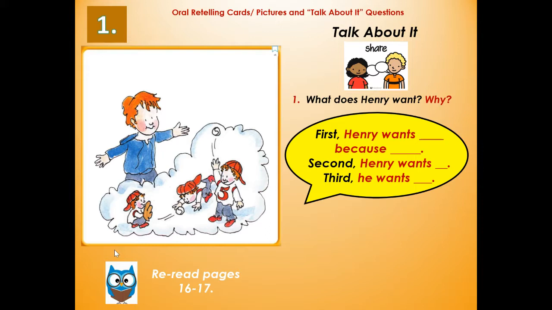And then third, what does he finally ask for? Third, he wants a dog. So first, Henry wants a sibling because he's lonely. Second, he wants to move to another neighborhood so he can have more friends. And third, he wants a dog or a pet.